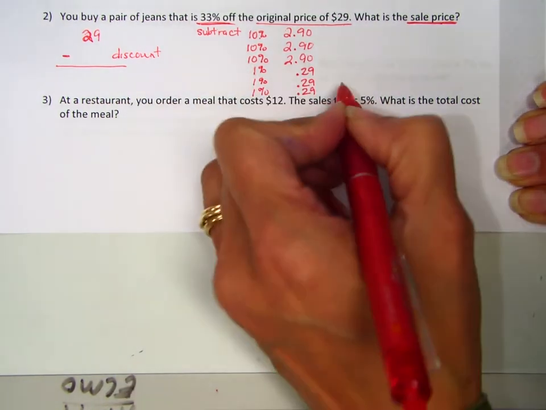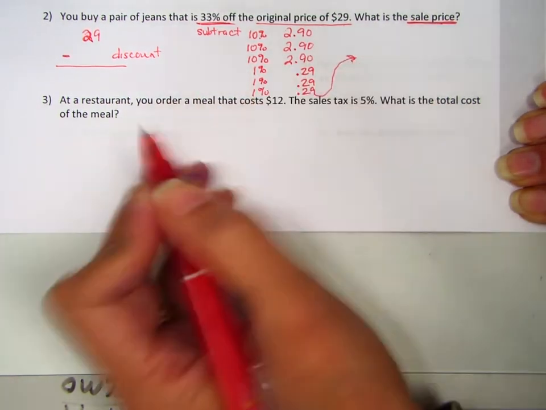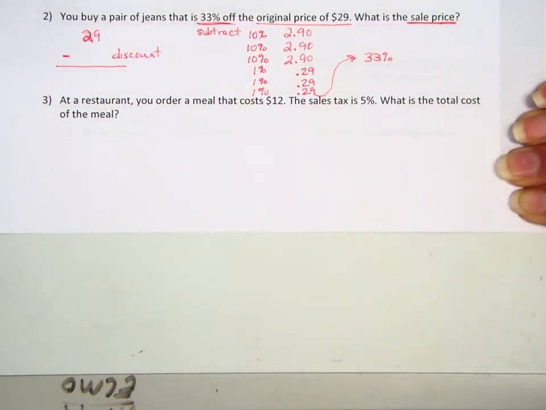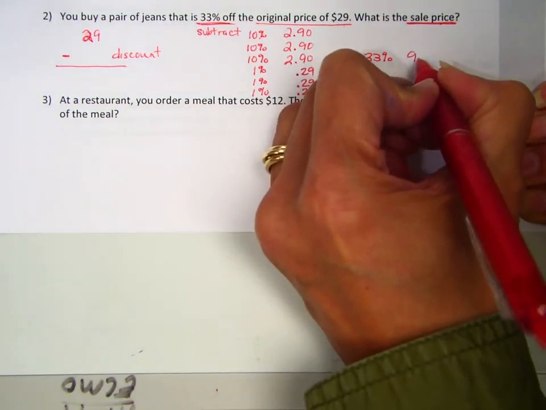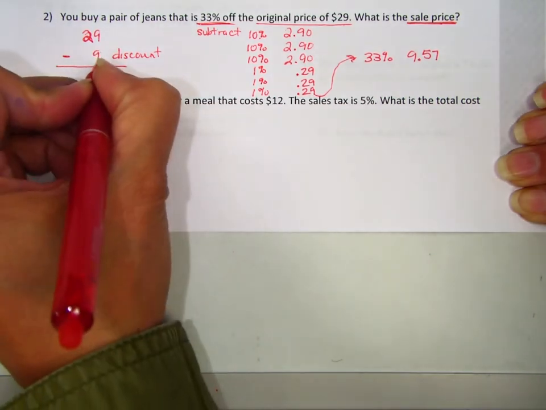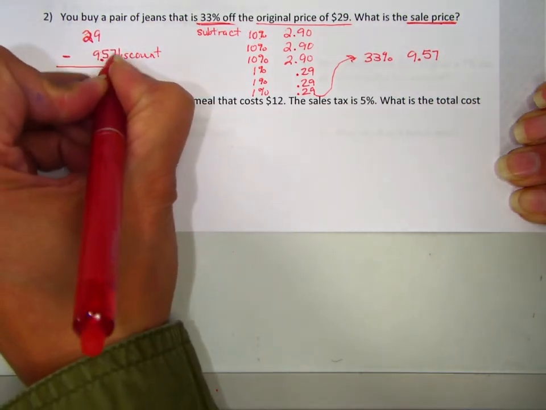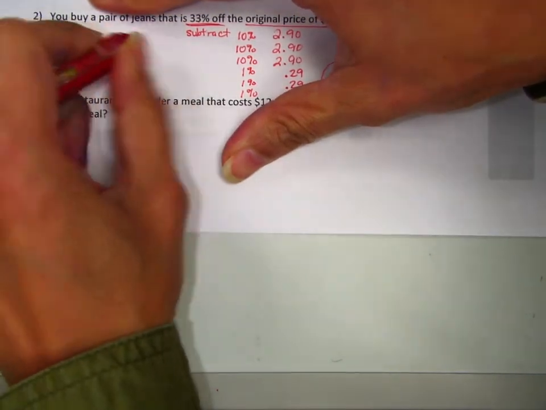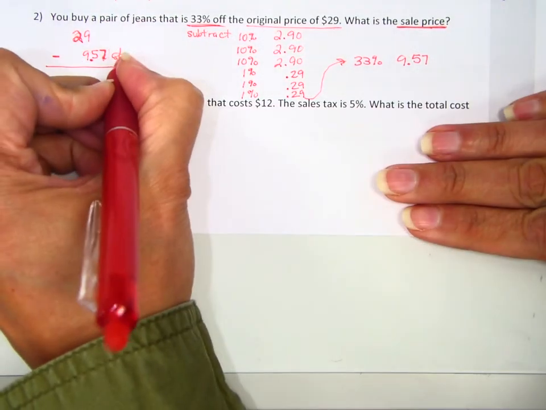So if I add all of these up, I'm going to have 33%, which is equal to $9.57. So my discount is $9.57. Let me just erase this so it's a little neater.